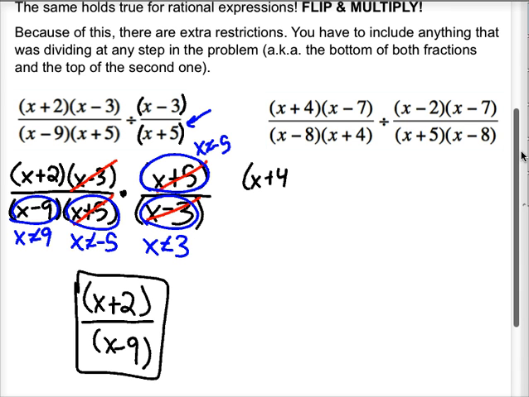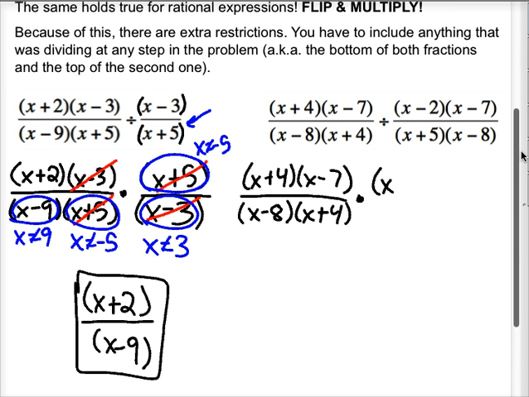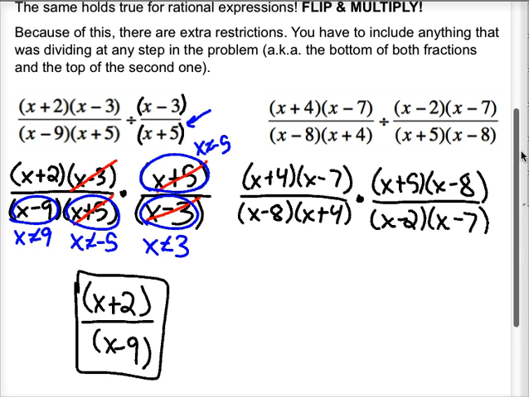So for the second one, your first fraction is always left alone. And then you flip your second fraction. All right, so let's look at what cancels. X minus 7 cancels off. X minus 8 cancels off.